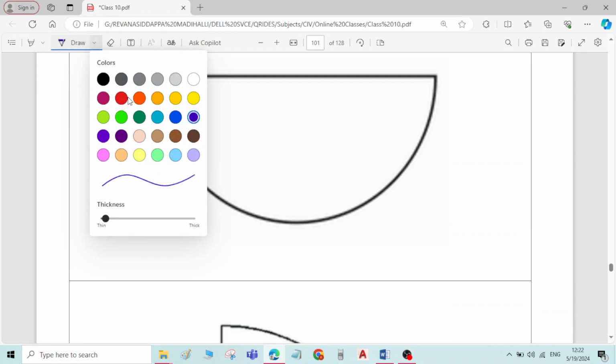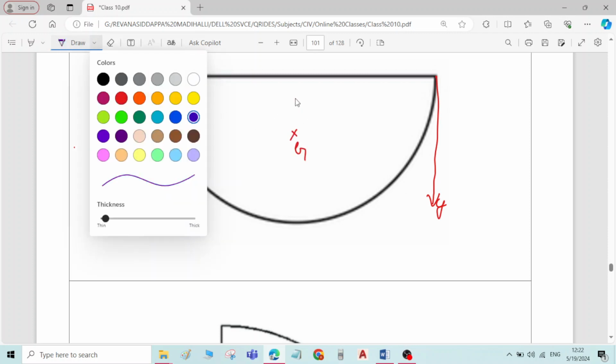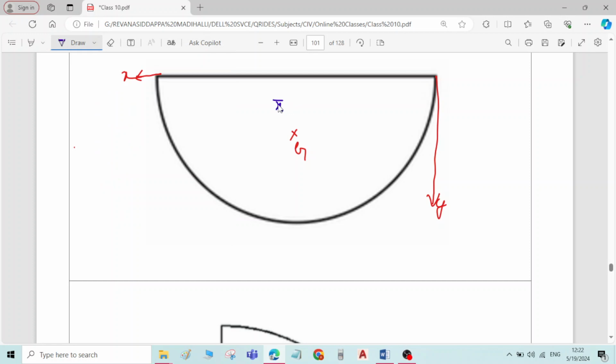Now for this figure I will take the reference axis like this, x and y. Means the semicircle is in the third quadrant now. If G is the centroid, what is the formula for y bar?